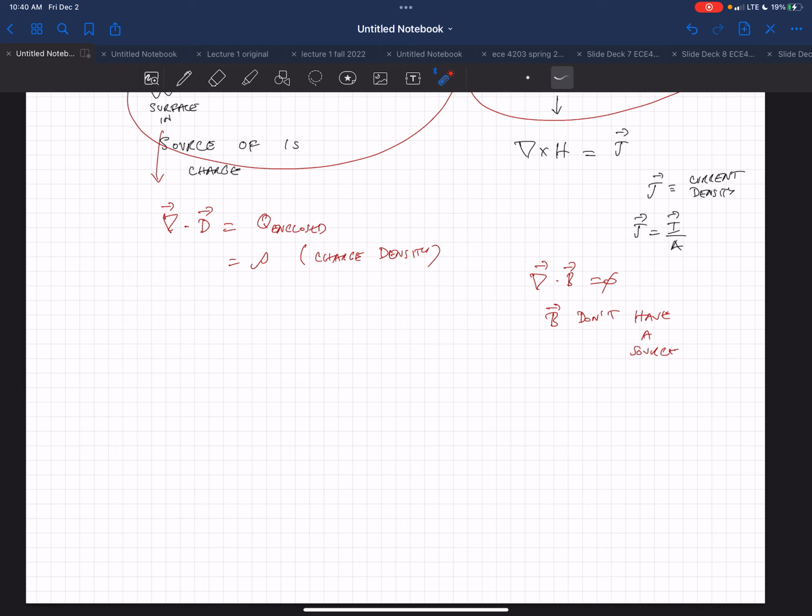But del dot B always gives you 0 because there's no such thing as an isolated magnetic charge. You're never going to find that anywhere. Do you guys kind of see that? Does that make sense?